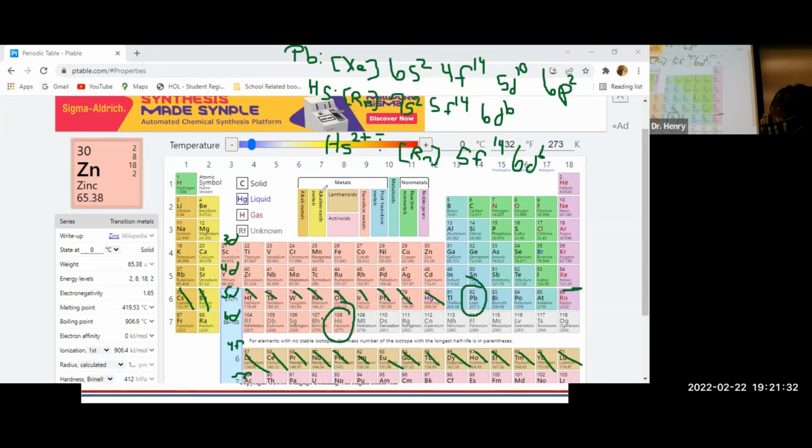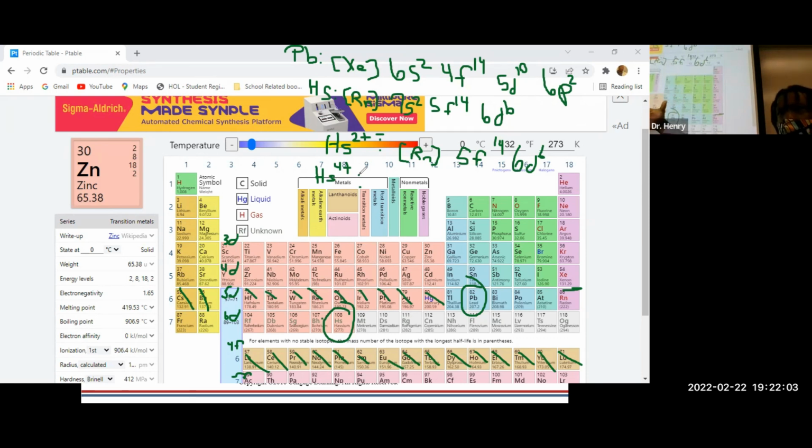If it was Hs 4+, that means we're removing 4 electrons. So we would take 2 from that 7s, and then we would take the other ones from the 6d, because 6 is further out than the 5. So again, you have to think of it as shells.